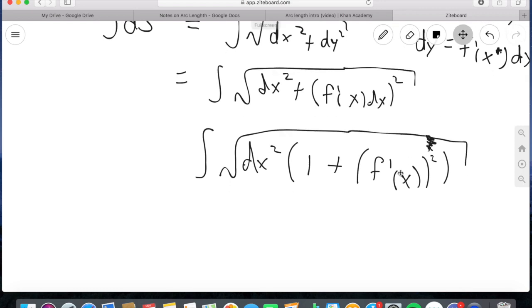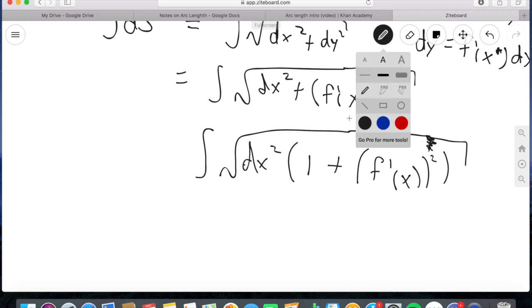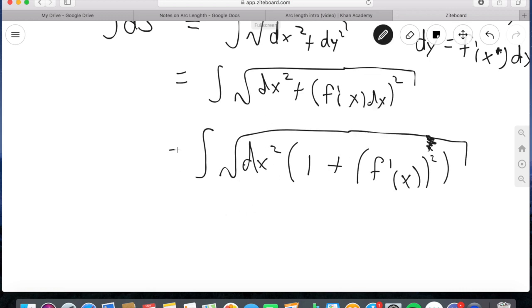Because these are being multiplied to each other, we can see that this square root is being applied to both this term and this term, and thus we can pull this out even further, and rewrite it again as this.